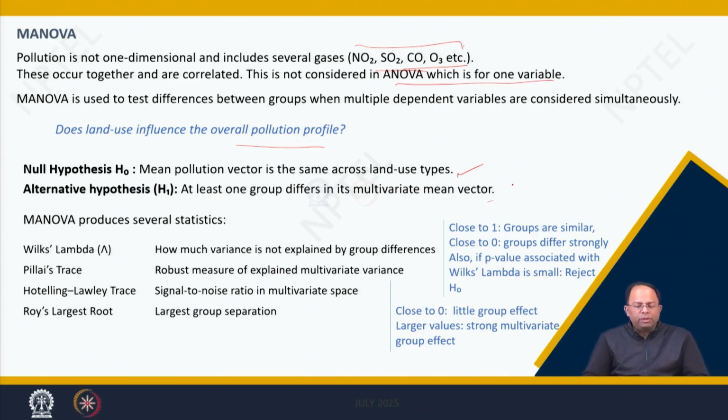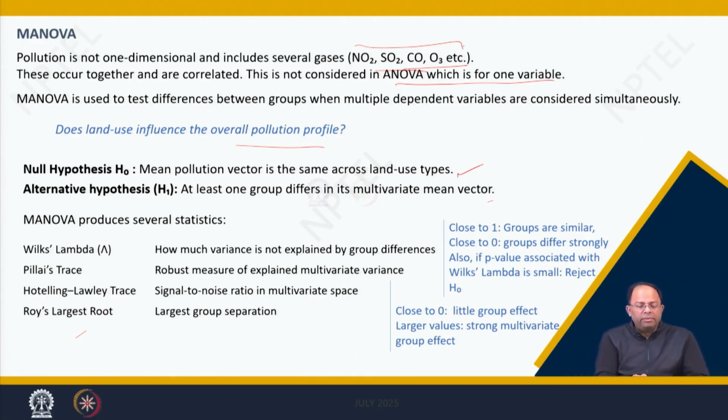In this case there is no F statistic, but we have four new statistics: Wilks' lambda, Pillai's trace, Hotelling-Lawley trace, and Roy's largest root.